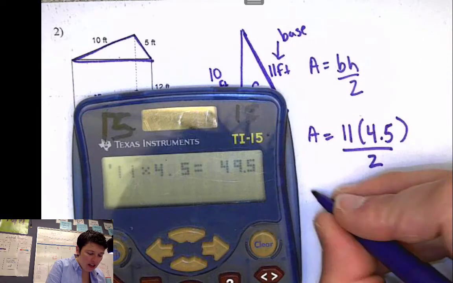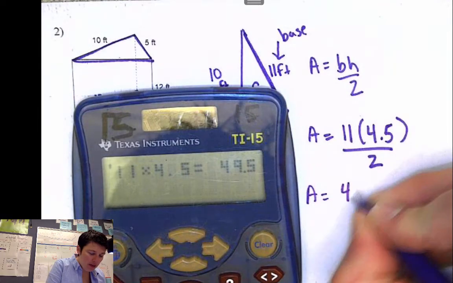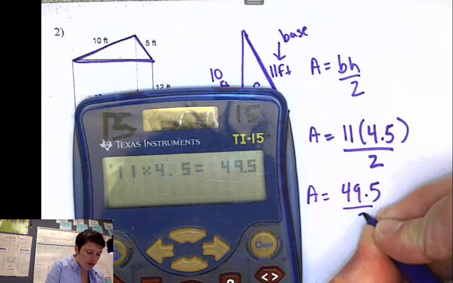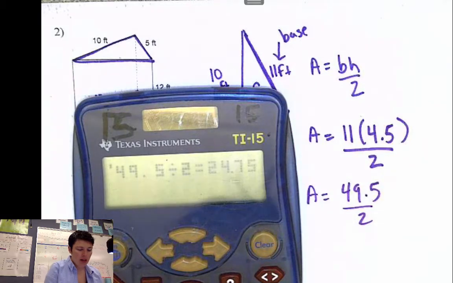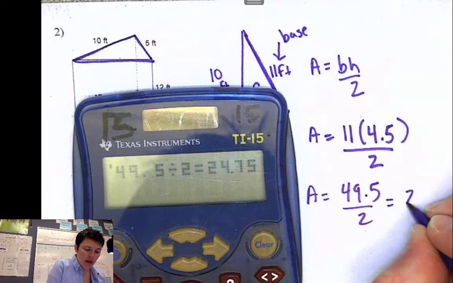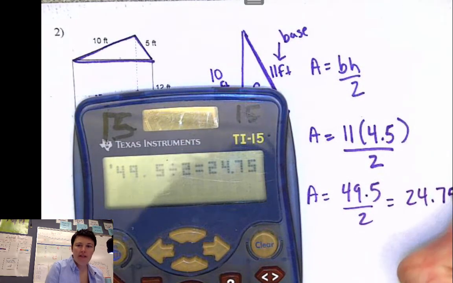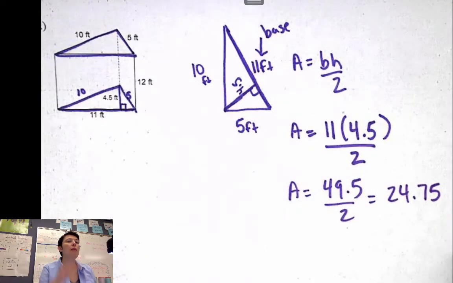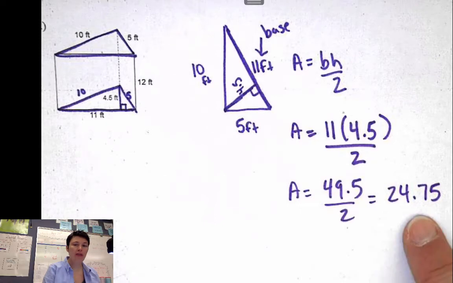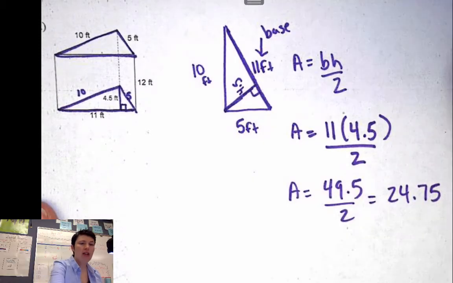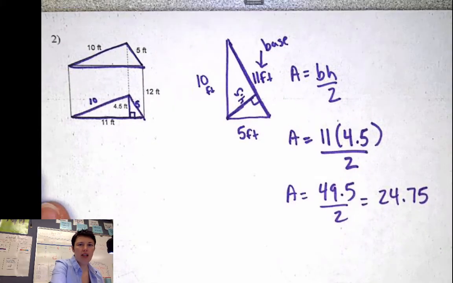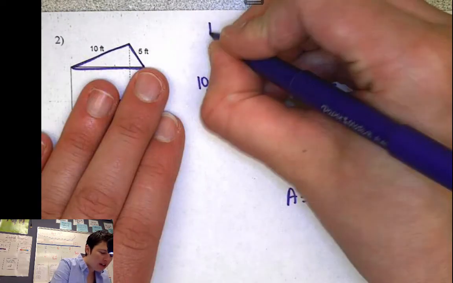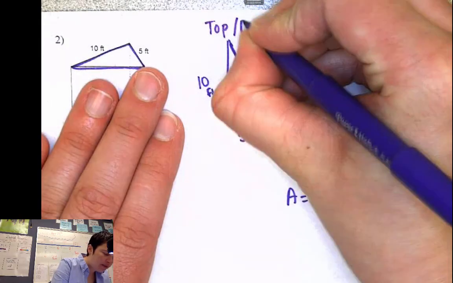So we are going to take 49.5 and divide it by 2. And we're going to get 24.75. Okay, so the area of the top and the bottom is 24.75. And to make my work look at least a tiny bit better, I'm going to label this. This is the top and the bottom.